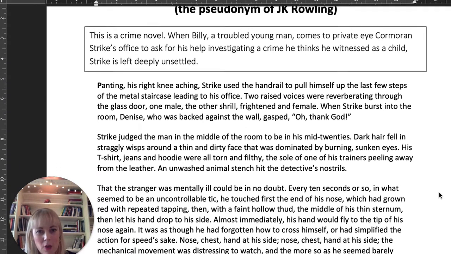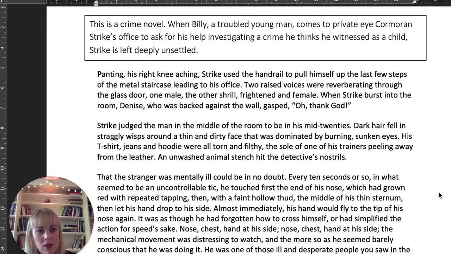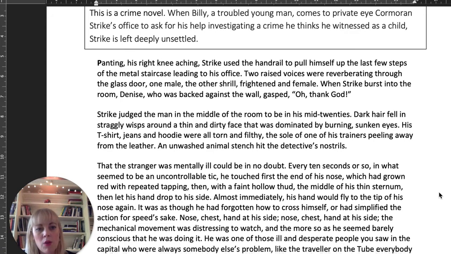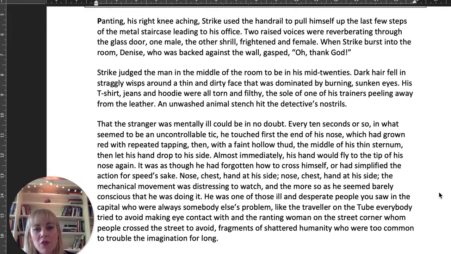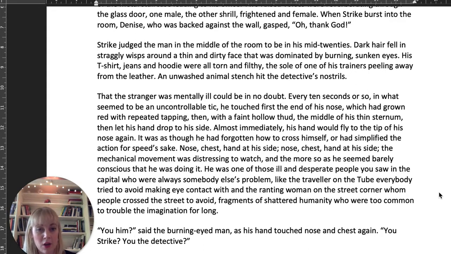Strike judged the man in the middle of the room to be in his mid-20s. Dark hair fell in straggly wisps around a thin and dirty face that was dominated by burning, sunken eyes. His t-shirt, jeans and hoodie were all torn and filthy, the sole of one of his trainers peeling away from the leather. An unwashed animal stench hit the detective's nostrils. That the stranger was mentally ill could be in no doubt.